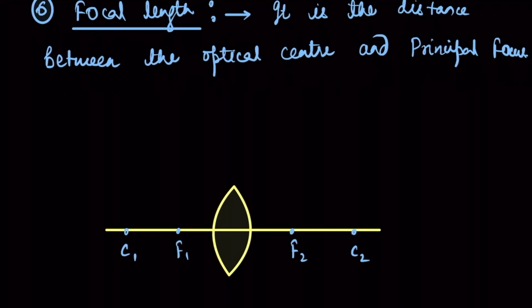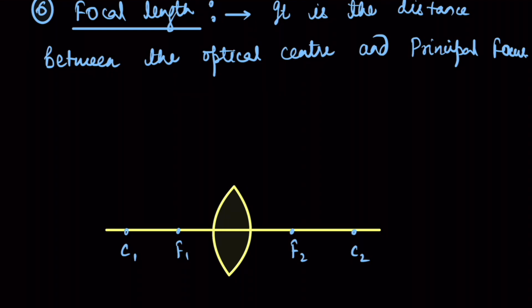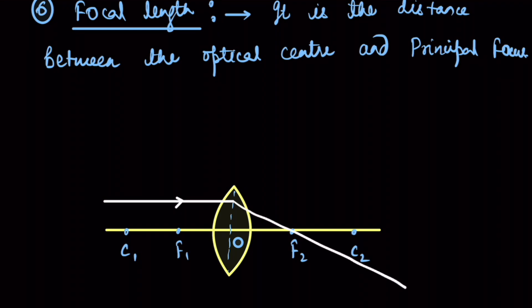So if we draw a convex lens, here is our C1, F1, F2 and C2, and this is our optical center. If we take the incident ray, what will happen? Convex lens is converging in nature, so it will pass through F2.